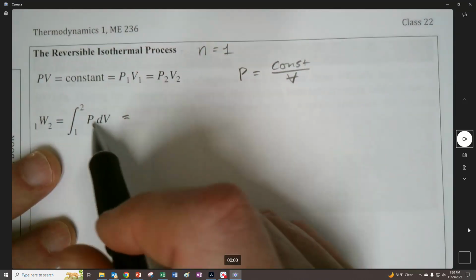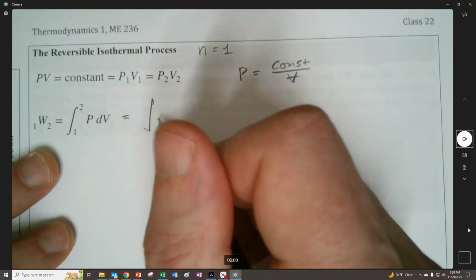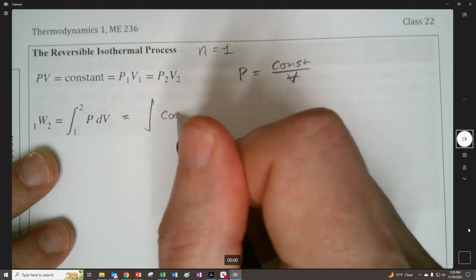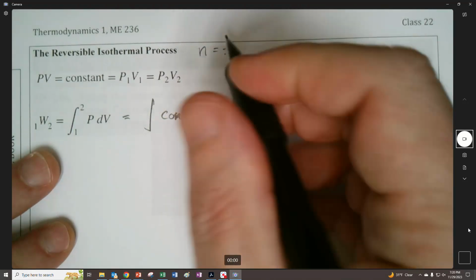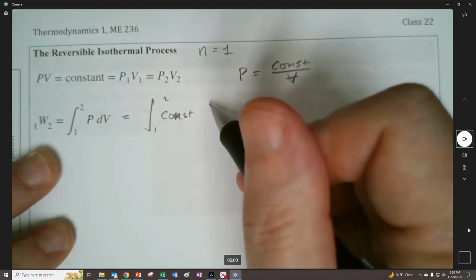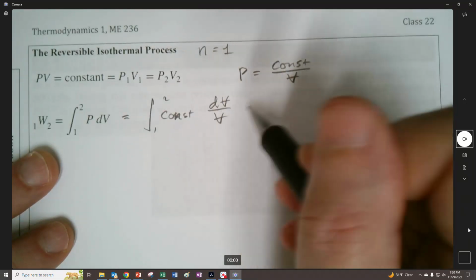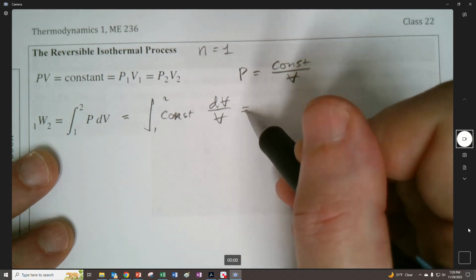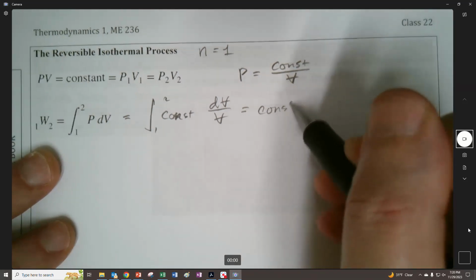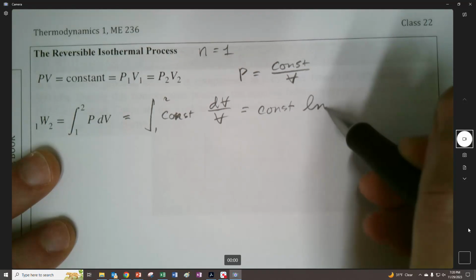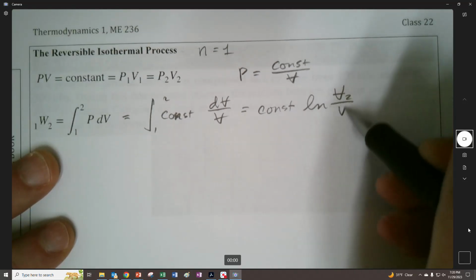So if you have the definition of work, we have the integral of the constant dV over V, which we know is going to be a constant times the natural log of V2 over V1.